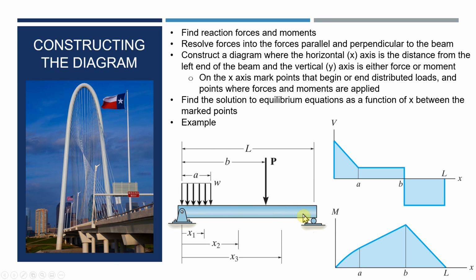But the analysis is identical to what we started with in the chapter. So resolve the forces, find the reaction forces and moments, find them parallel and perpendicular to the beam, draw your diagram. X distance is distance from the end of the beam. Y is either force or moment. So here's two diagrams, shear force and moment. Two diagrams, but they're placed on top of each other so we can see both at the same time.